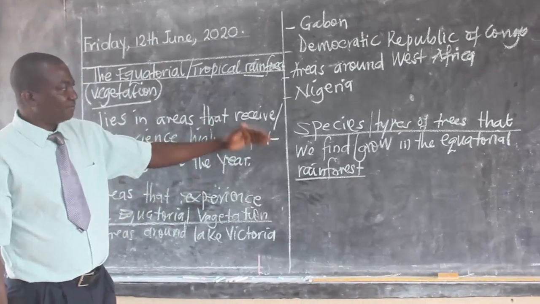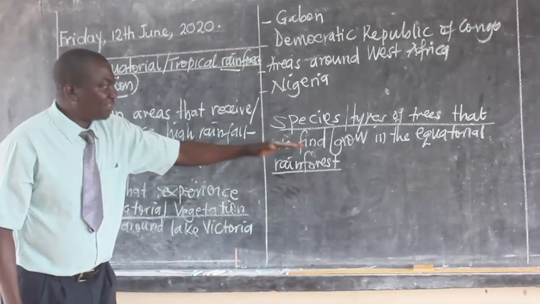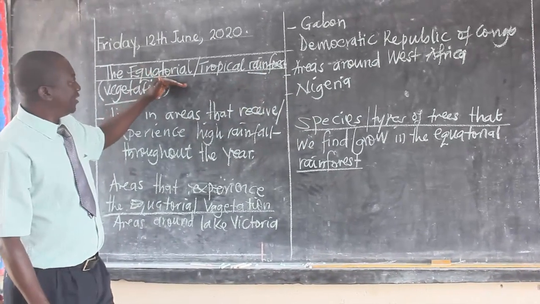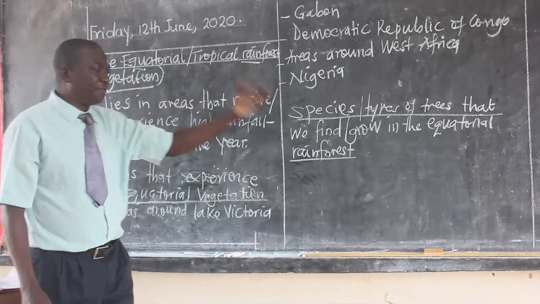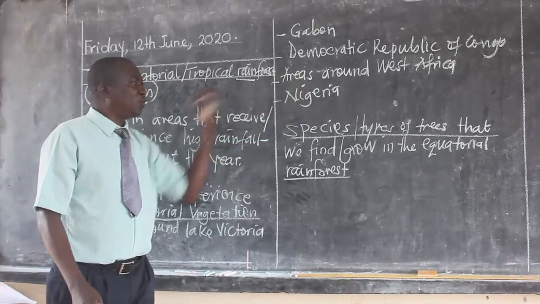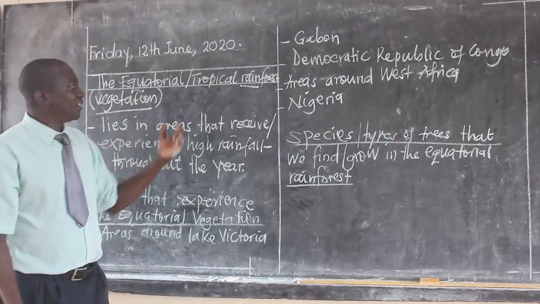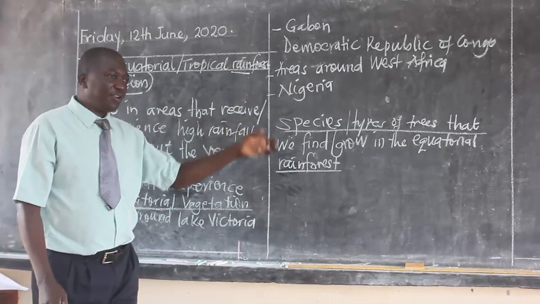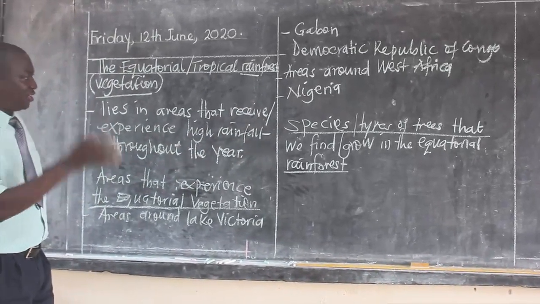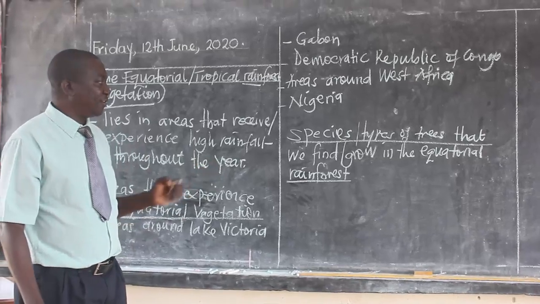So we are saying that the trees that are growing in the equatorial vegetation or tropical rainforest are different from those other trees or species that grow in the other different vegetation zones, for the reasons that they experience different conditions that grow in that area.